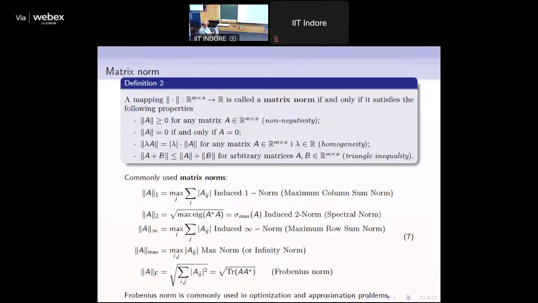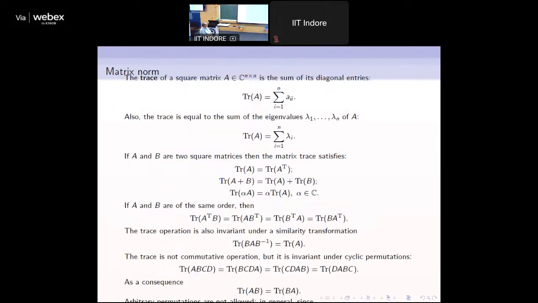There is the definition of the Frobenius matrix norm. Here is the matrix trace, defined as the sum of elements of the main diagonal, or the matrix trace is equal to the sum of eigenvalues of the matrix. There are some important properties of the matrix trace.